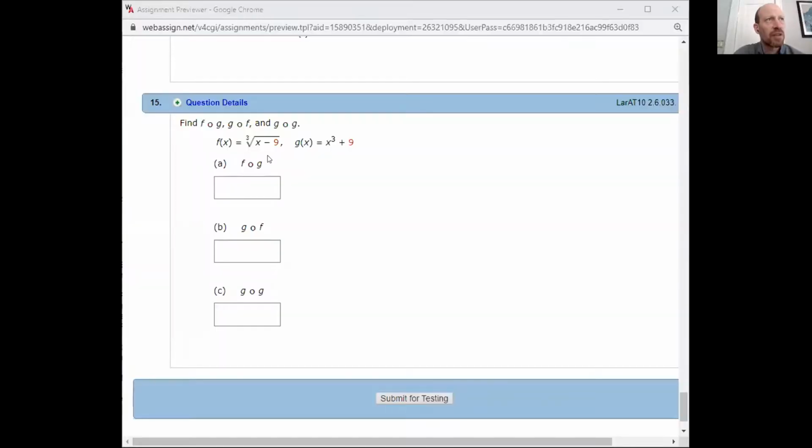Yeah, so those are the compositions. There's another question. We can certainly look at this later, but these are just the compositions that we were talking about. So if you take f composed with g, I can do one of these here. This one, f composed with g, that's going to be f of g of x. And that's going to be f of x cubed plus 9.